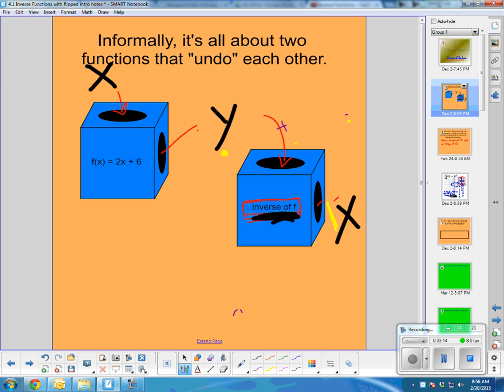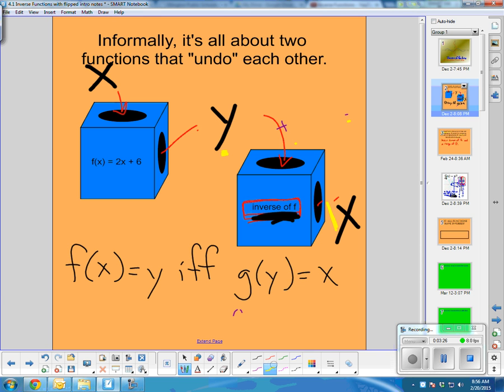I'm going to write that statement down again that we had in our definition, that f of x equals y if and only if g of y equals x. So this part of the picture is this part of the statement.